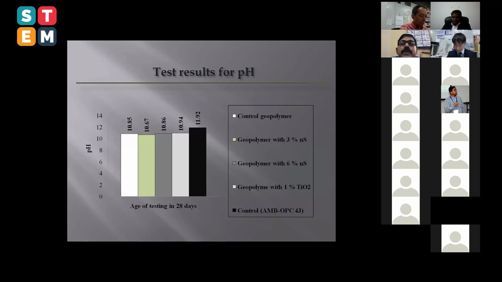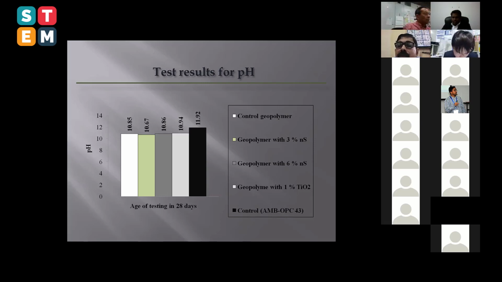We also tested the change in pH for the incorporation of the nanomaterials. For cement-based concrete, the initial pH is normally in the range of 12 to 14, more than 12. For geopolymer concrete, the initial pH is normally less than cement-based concrete, in the tune of 10 to 11.